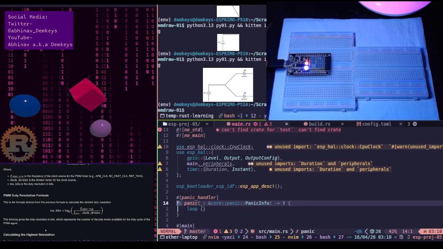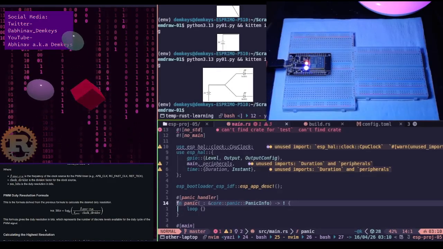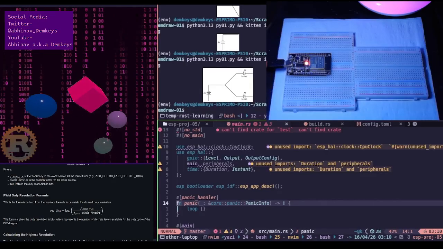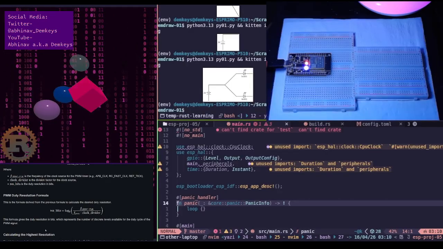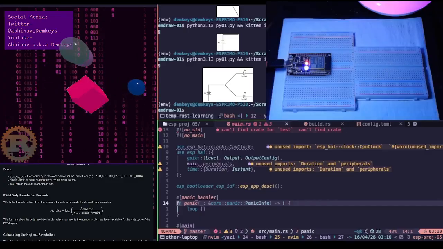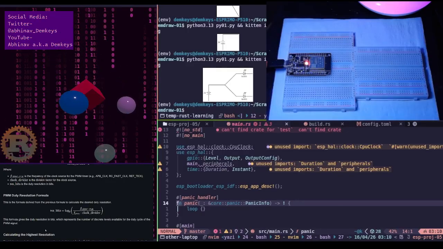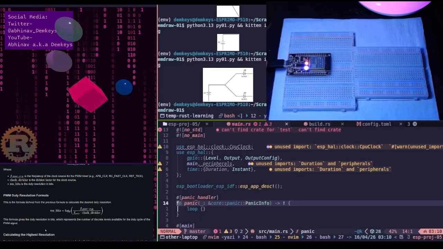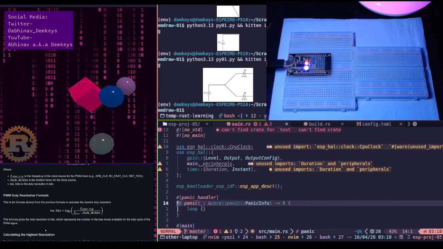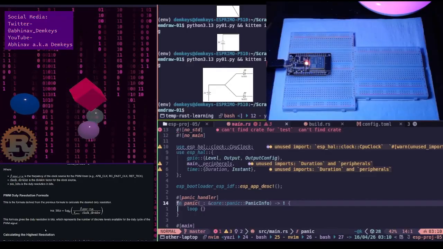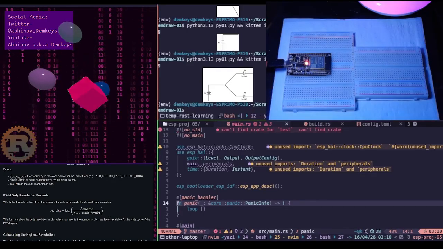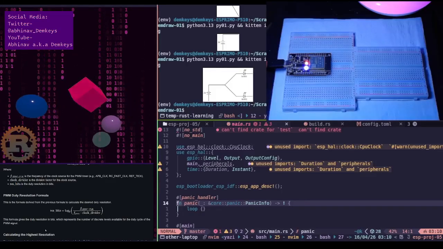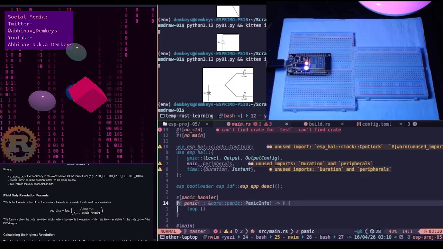Given that the ESP32 has no notion of time and it's using these ticks, the amount of ticks per second would be our frequency. Based on that, we can create some notion of time. If we have 80 million ticks per second, that would be an 80 megahertz frequency.